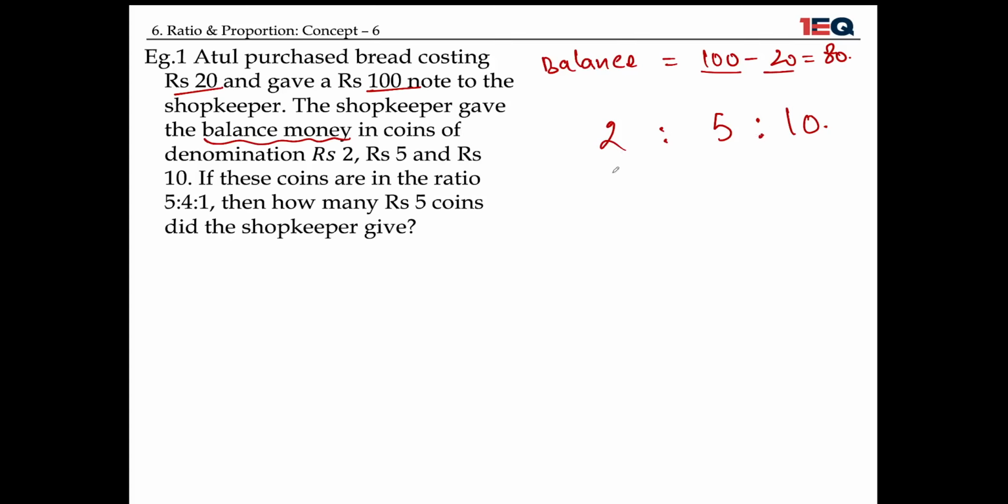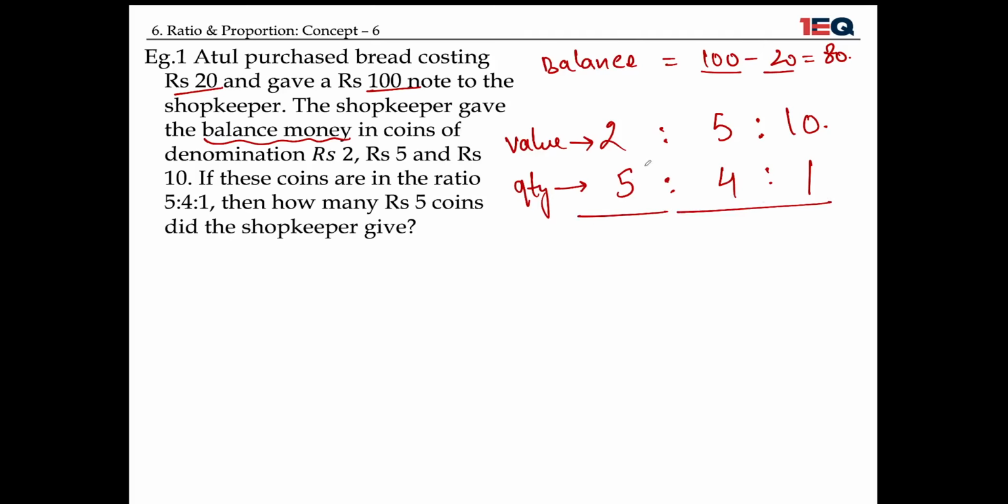If these coins are in the ratio 5 is to 4 is to 1, okay, so this is the value side and this is the quantity side. Okay, the value side and the quantity side. And how many 5 rupee coins were there? So firstly, let me associate this entire story with the total money we have.